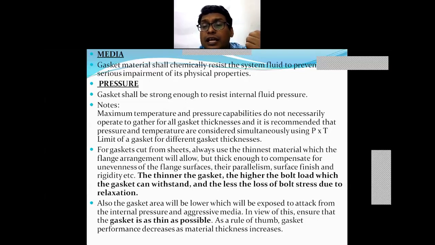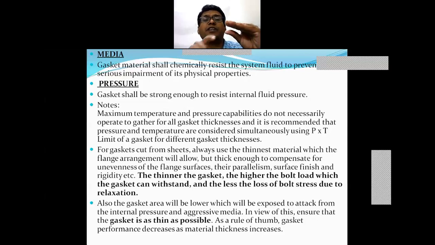And there is less loss of the bolt stresses due to relaxation. As it gets deformed, it gets relaxed. So also the gasket area will be lower, which will be exposed to attack from the internal pressure and aggressive media. So it should be the minimum area that will be exposed.